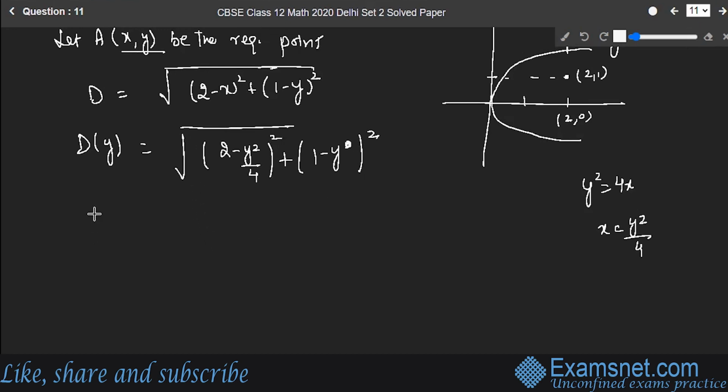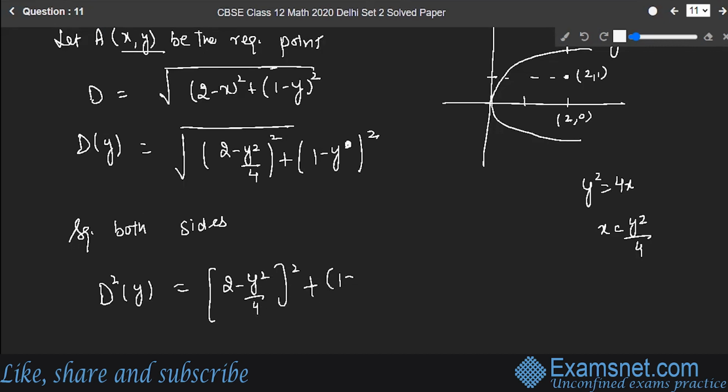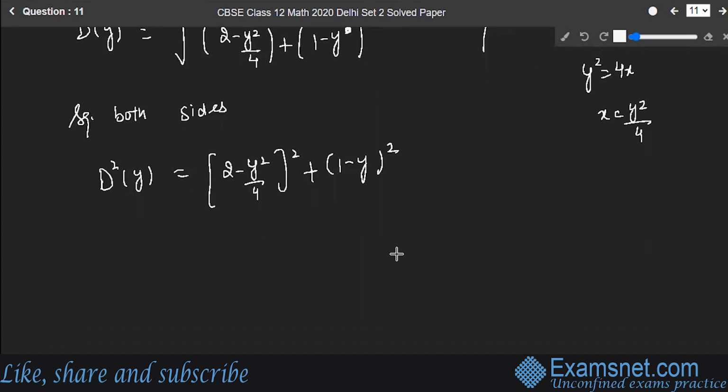Now squaring both sides, you get d square of y is equal to (2 minus y square upon 4) square plus (1 minus y) whole square. Let's say this is equal to z. We need the minimum value for this.